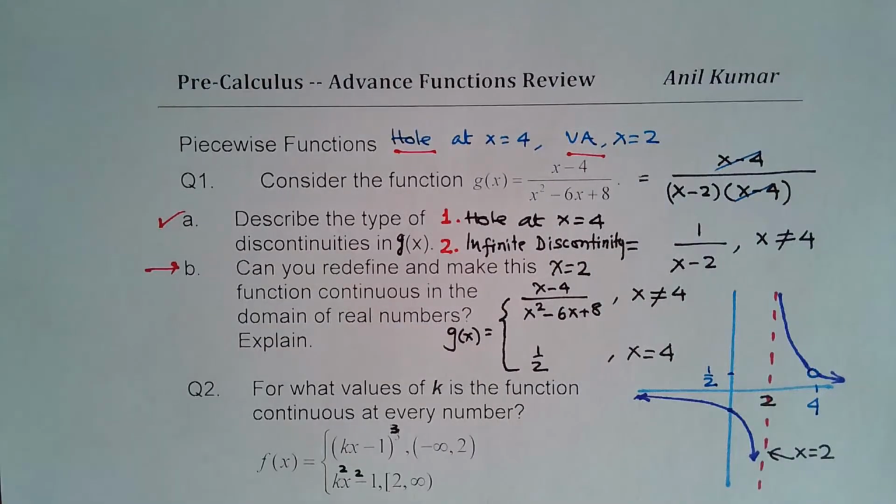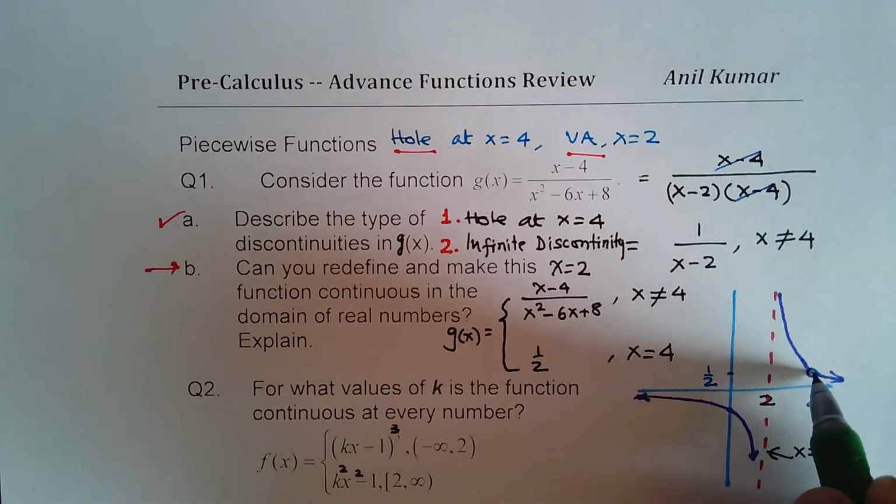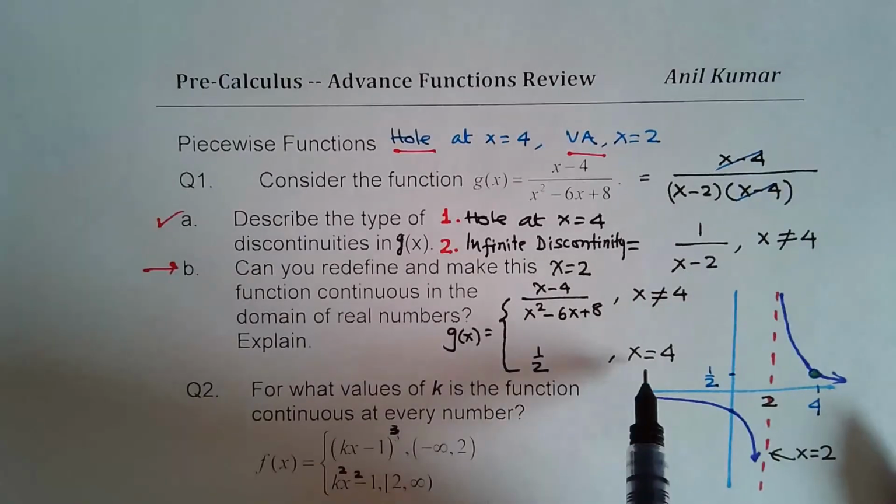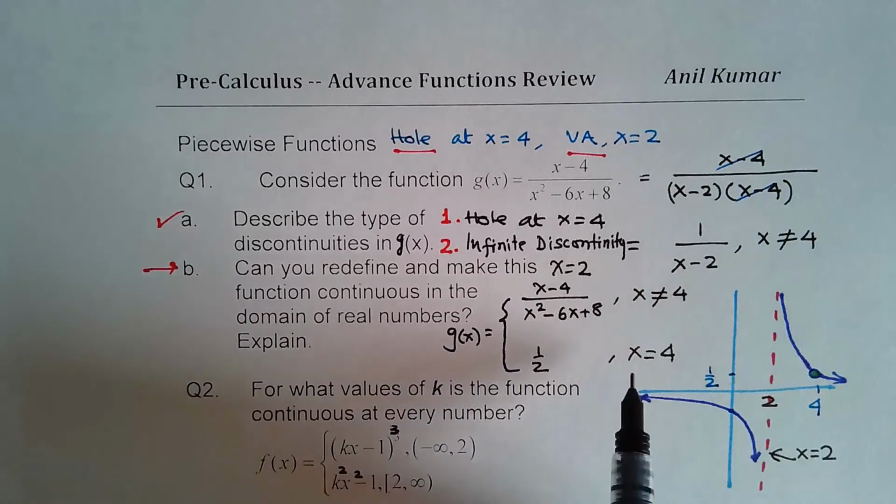So if I say that at x equals 4, the value of the function is half, in that case, we can plug in this hole. Do you see this plugged in? And make the function continuous at x equals 4. Do you see that? So that is what you could do.